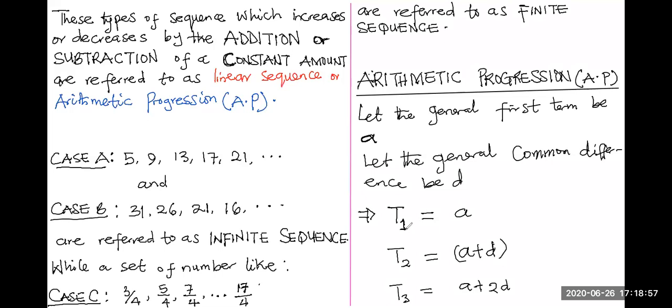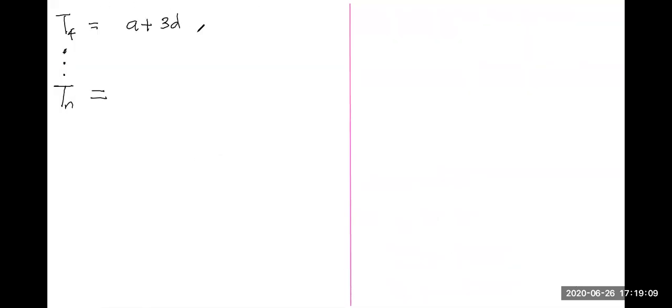Okay, so instead of getting all of them, the fifth term and all that, can I say that the nth term, Tn, is equal to, now, when it was the first term, it was A. Second term, A plus D, 1D. Third term, 2D. Fourth term, 3D. Fifth term, 4D. 10th term, 9D. 100th term, 99D. Then the nth term is going to give us A plus (n minus 1)D.